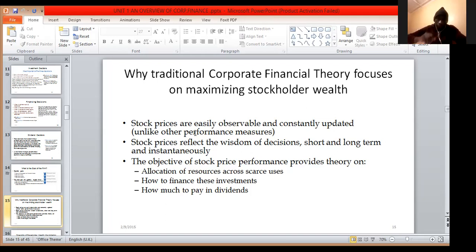Have you seen that your wealth has increased? Exactly. So, an increase in share price is the very easiest way of knowing shareholder wealth maximization. At the time of your investment, you only invested 1,000 and you got 100 shares. Today, your wealth in this company is sitting at what? 2,500.